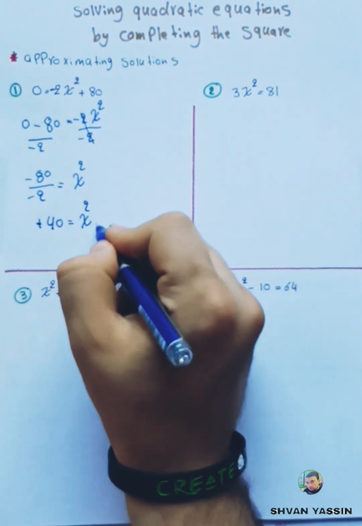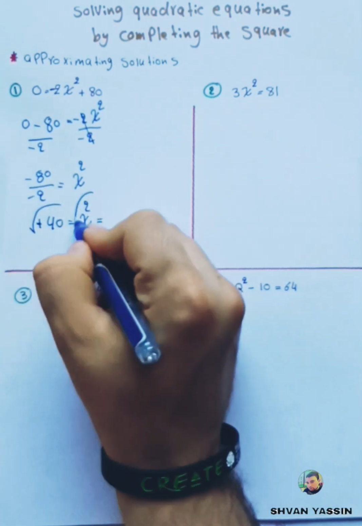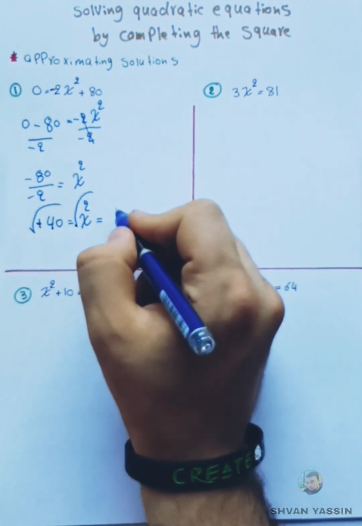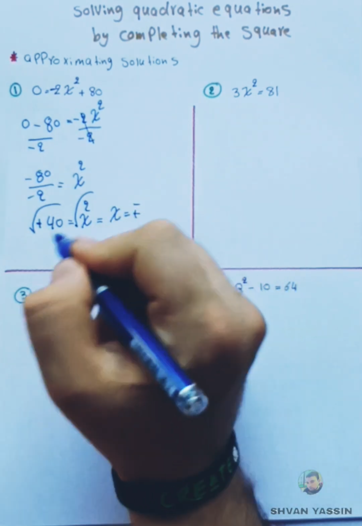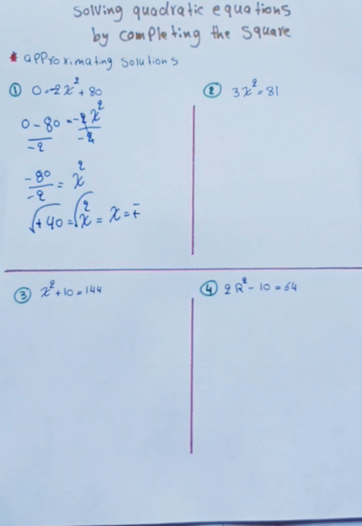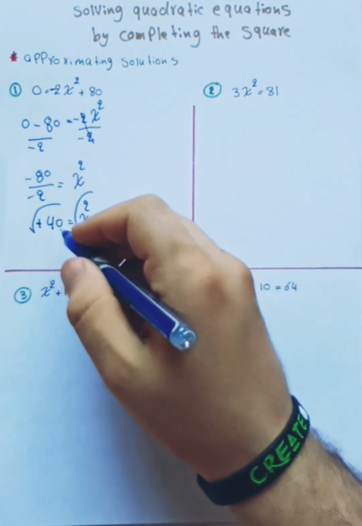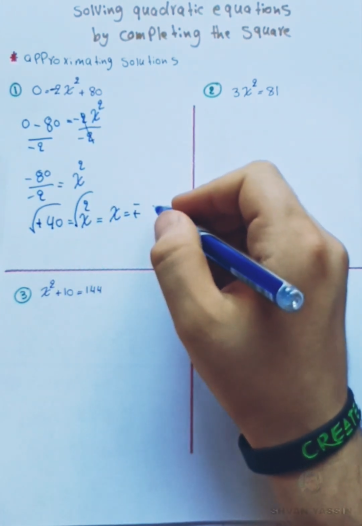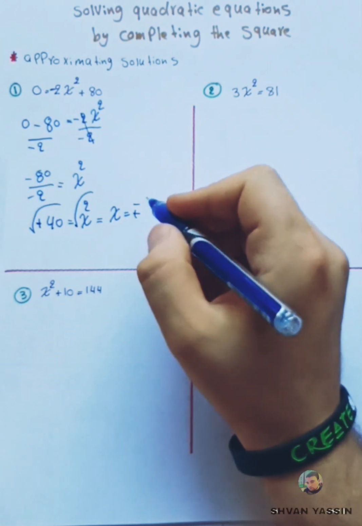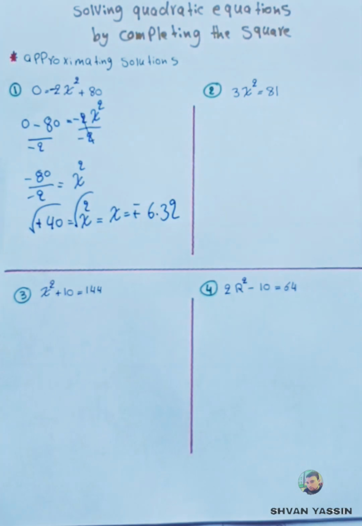So 40 equals x squared, and then you take the square root of both sides, so x is equal to positive or negative the square root of 40. When we use the calculator, it is approximately equal to 6.32. So the value for x is positive or negative 6.32.